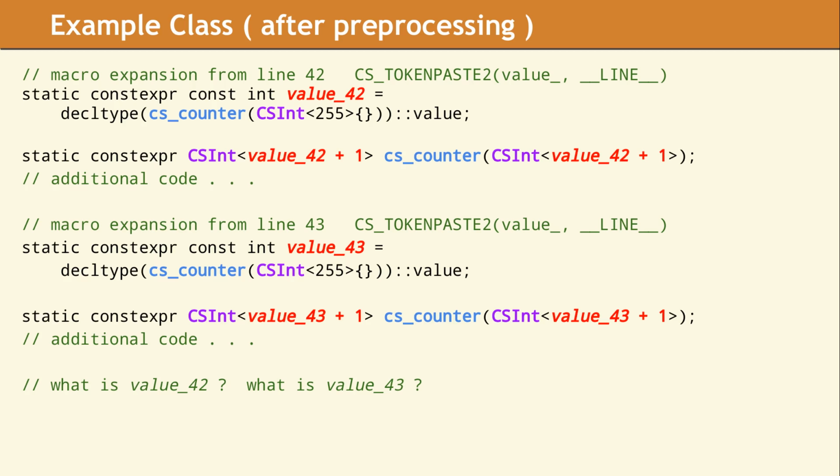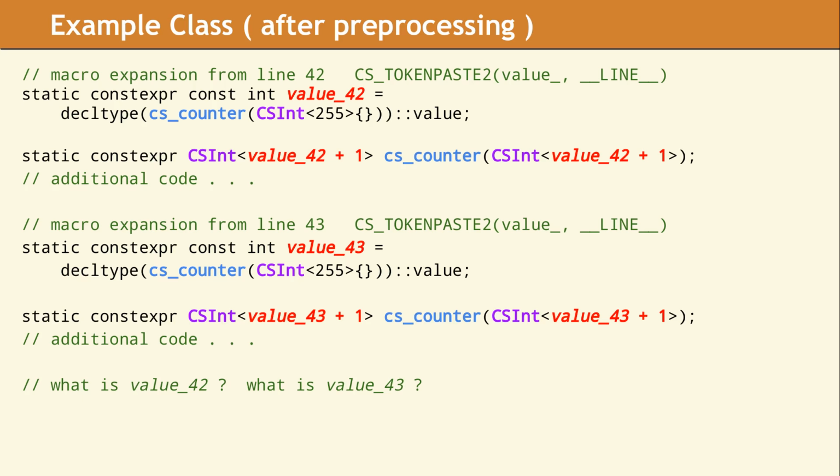This overload of CSCounter returns a wrapped 0, which means the decltype will evaluate to a wrapped 0. Then we apply the ::value and we receive an actual integer 0 value. So value 42 is initialized to 0. If you didn't see where we set up the 0 version of CSCounter, go back a slide and you'll see it there.